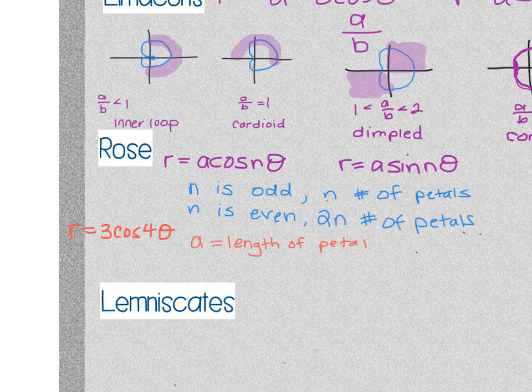And I would say for the rose, sometimes you get lucky, and when you plug in 0, you get your petal length. And so for those, if you understood symmetry, you could really only have to plug in a couple of points.